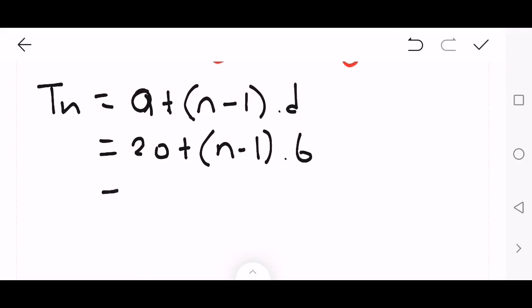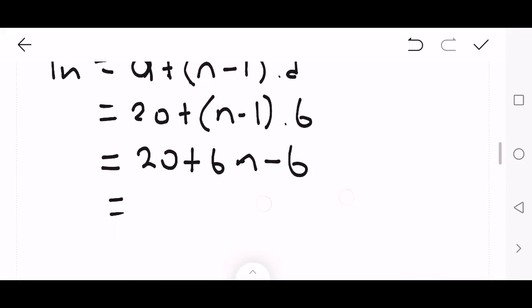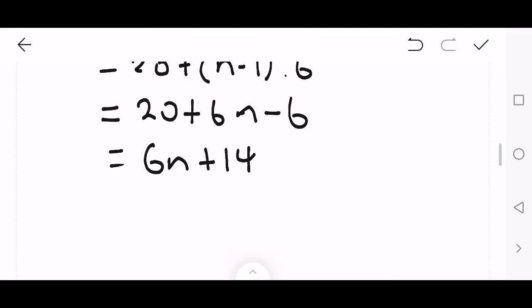So we'll have 20 plus 6n minus 6. So that will give us 6n plus 14. So now that's Tn.